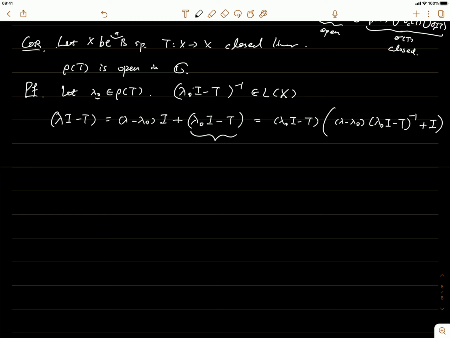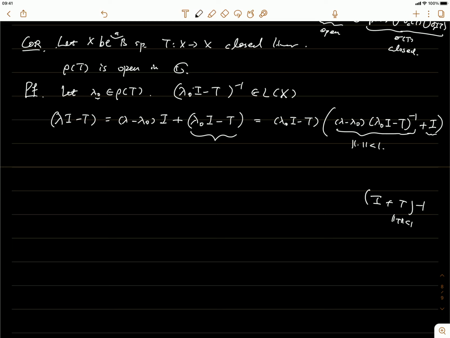Let's think in this way. Say this is I plus this. So if this thing has a norm less than 1, then I know that this one is invertible, right? So if it's I plus T or I minus T, and the norm of T is less than 1, then I know that this exists. So I just need to make sure that is the case.